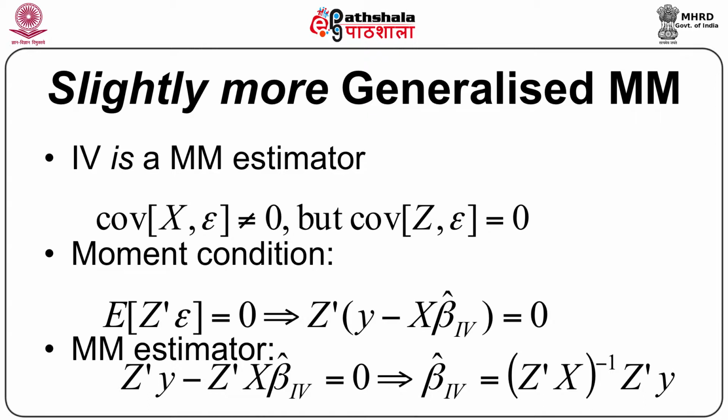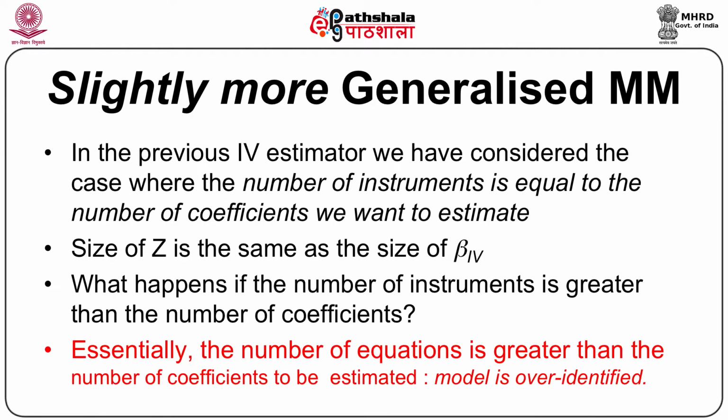Now in the previous case, while deriving the instrumental variable estimator, we considered the case where the number of instruments is equal to the number of coefficients that we want to estimate. The size of the instrument Z is the same as the size of beta IV.